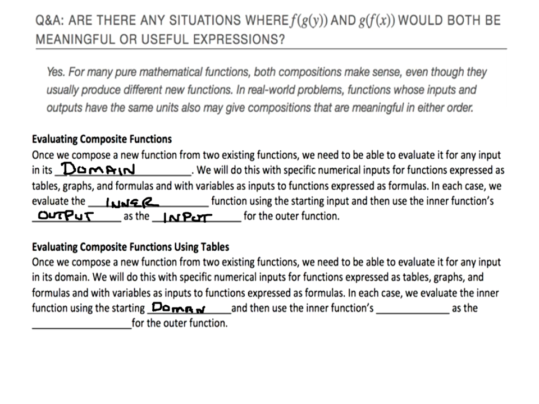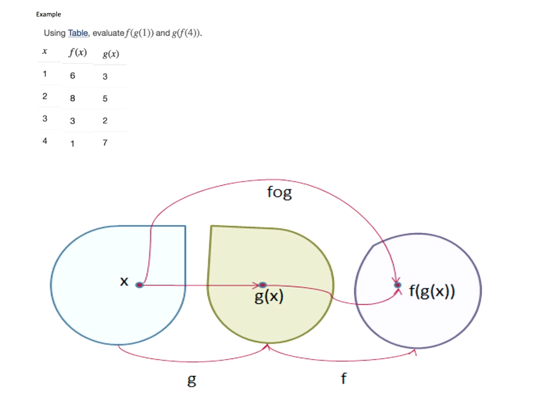Let me change the words instead of domain and range. Let's use input and output just to be clear. Starting using the starting input or domain and then using the inner function's output as the input for the outer function.